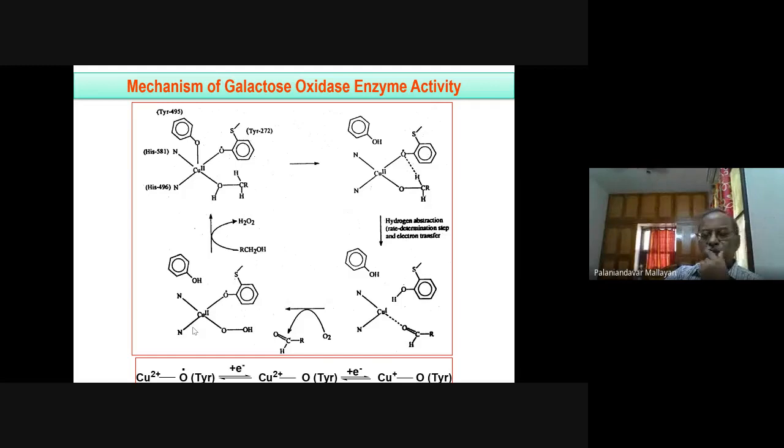So if you just look at this one, this is a two electron system. So start from this free radical. You have one electron added to this tyrosine oxygen. See, another electron added to copper. First electron to this, second electron to copper 2. So you get this system. In the reverse direction, this electron is removed from copper, right?